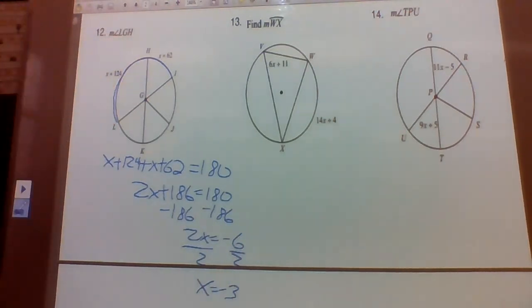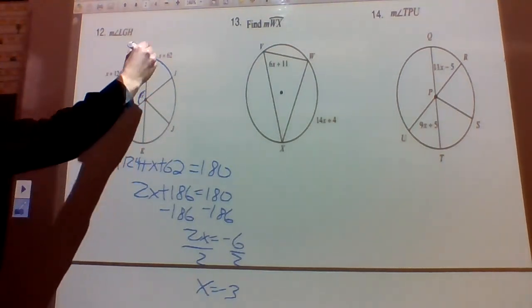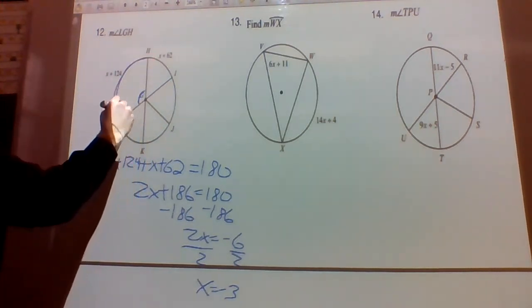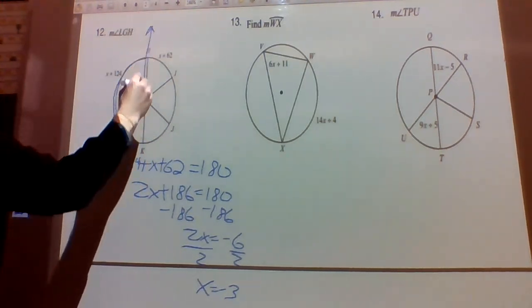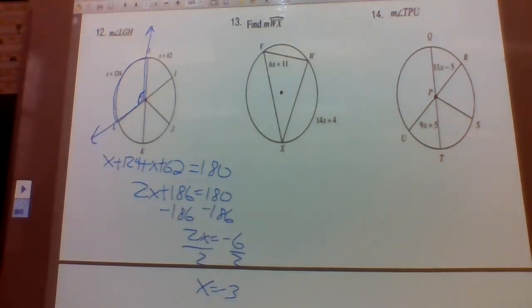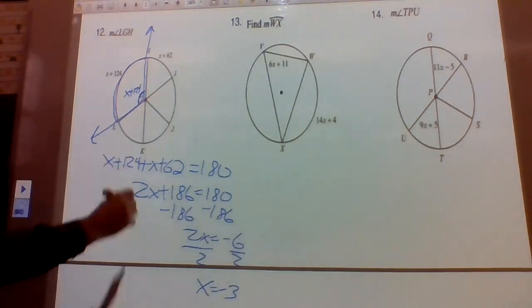We're not done because we want to find the measure of angle LGH. So LGH is right here. Since LGH is a central angle, because J is the center of the circle, the measure of the intercepted arc equals the measure of the central angle. So this is x plus 124 as well.